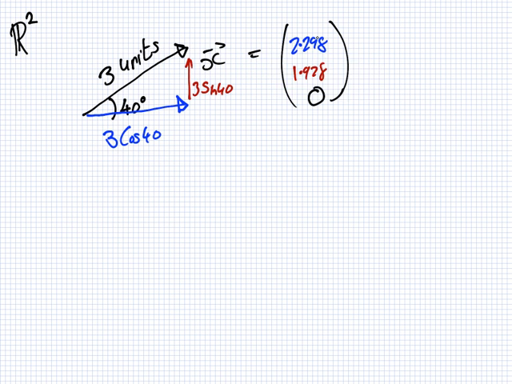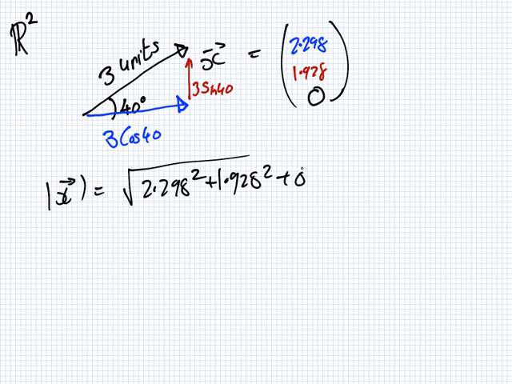Let's check that this is right, because if we calculate the magnitude of x, our answer should be 3 units. Close enough? Yeah. 2.9999. Close enough.